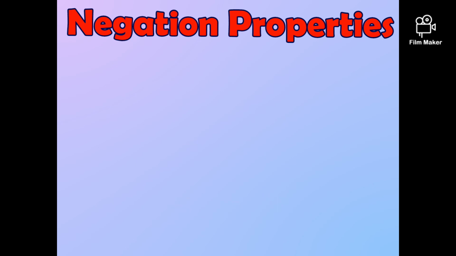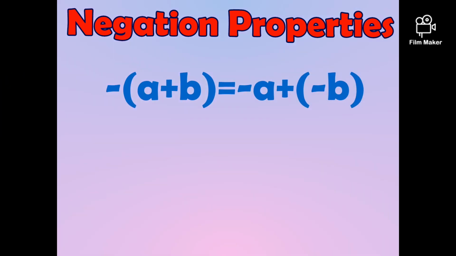Our next negation property is if we have a negative outside the parenthesis, that negative attached to an invisible 1 will be distributed to every positive term inside the parenthesis. Let negative multiplied by the group a plus b be equal to negative a plus negative b.